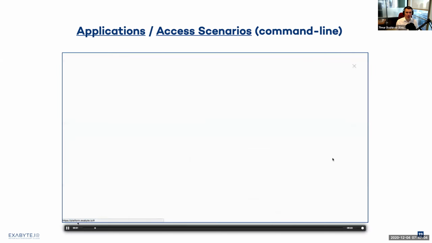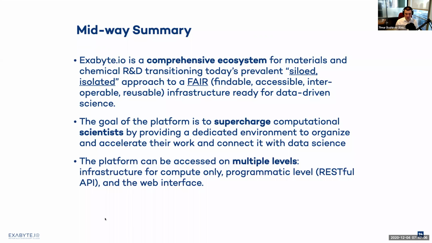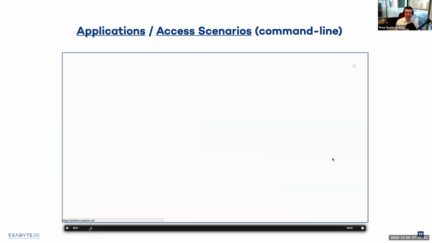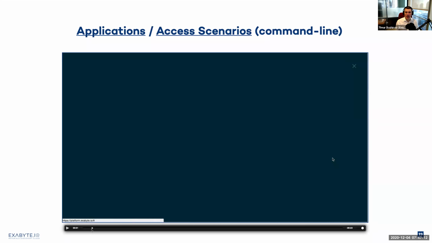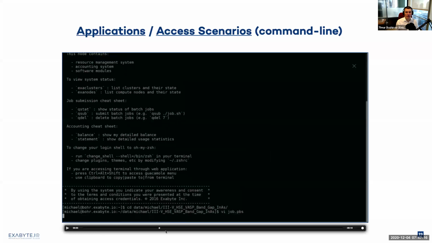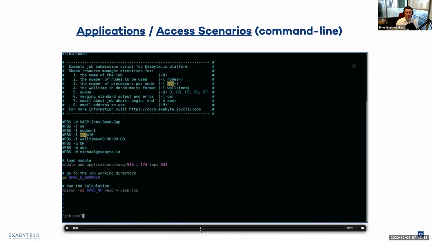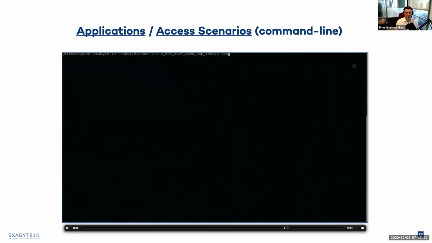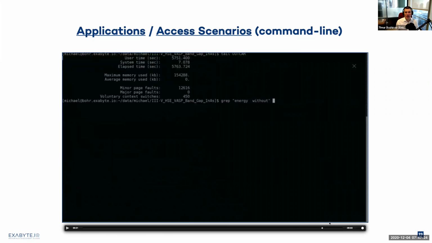Here's a quick example of how we can do that. You can navigate to the platform, select terminal in the right-hand sidebar, and then create a job script, submit it, make sure that the calculation is running shortly, and then work with the results of this calculation.